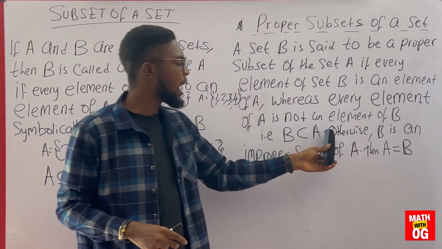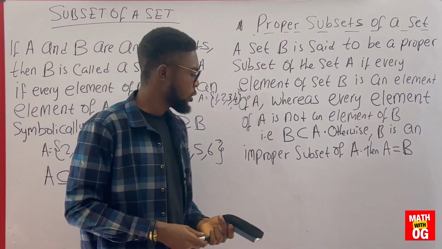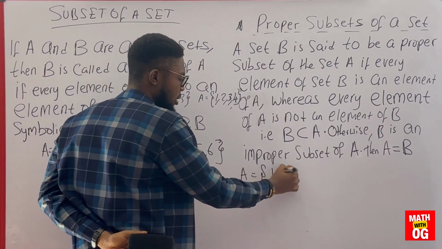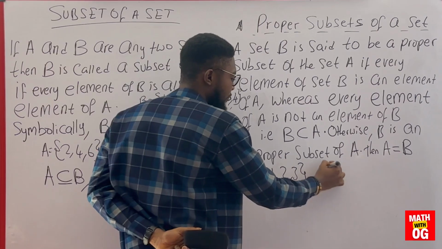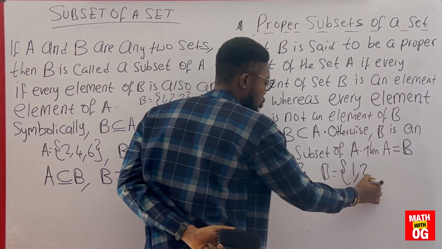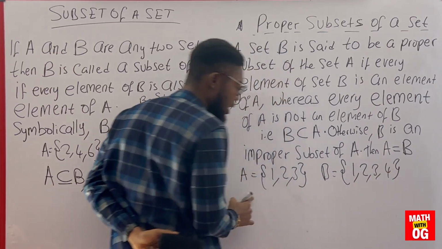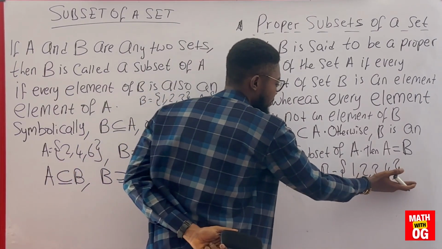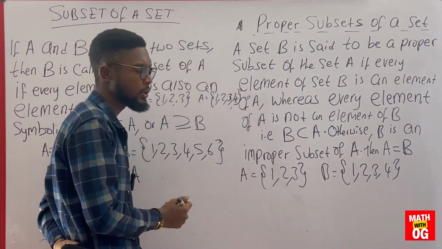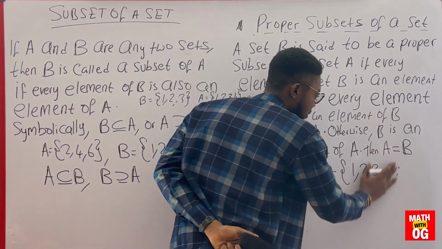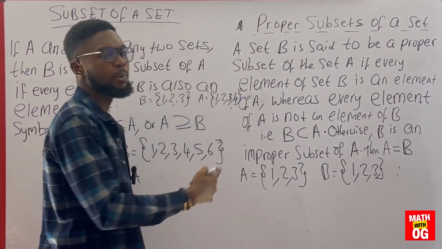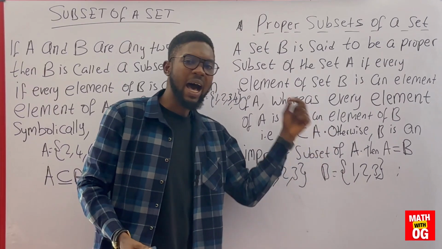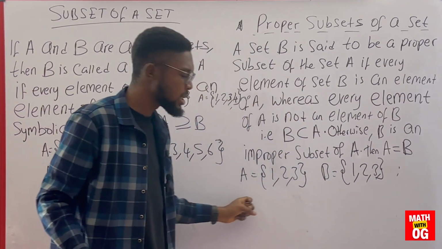Otherwise B is an improper subset of A. So when you have A equal to {1, 2, 3} and B equal to {1, 2, 3, 4}, A is a proper subset of B because every element of A is an element of B, but every element of B is not an element of A. However, if I clean this 4, it means that A is an improper subset of B because every element of A is an element of B and every element of B is also an element of A.